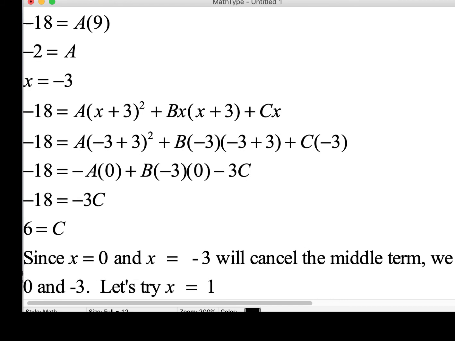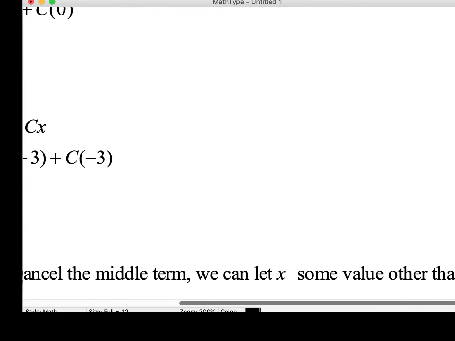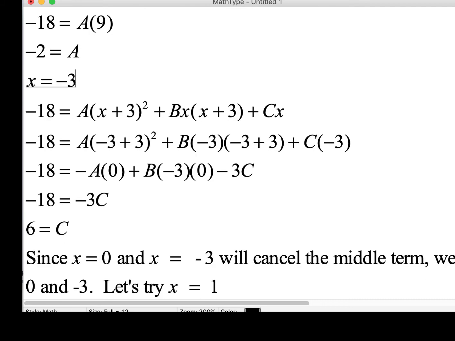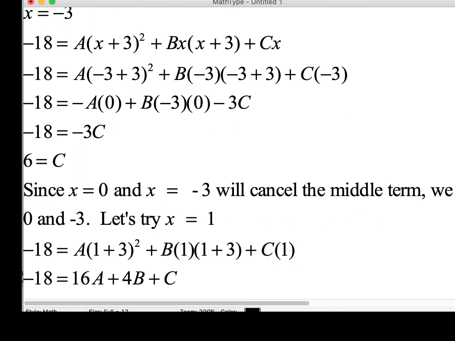So again, since x equals 0 and x equals -3 will cancel the middle term, we can let x equal some value other than 0 and -3. And let's try x equal to 1. So when we substitute in 1, we have -18 equals a times 4 squared, which is 16a, plus b times 4, which is 4b, plus c.